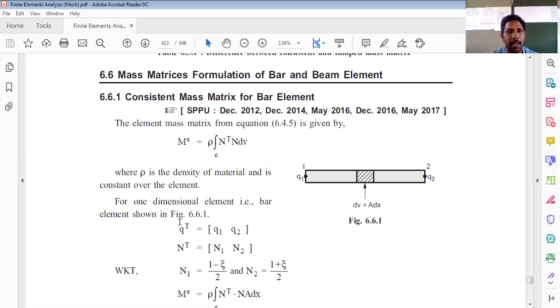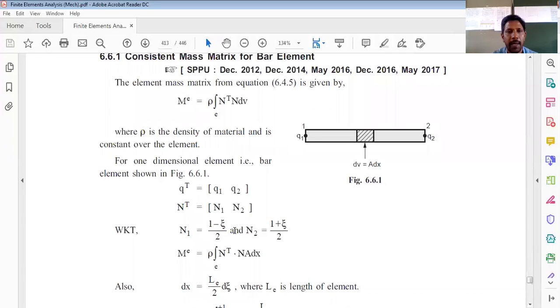For a one-dimensional element, the displacements at node 1 and node 2 are Q1 and Q2, and the shape functions of the bar element are N1 and N2 corresponding to node 1 and 2. In natural coordinates they are given by 1 minus zeta by 2 and 1 plus zeta by 2. So when I substitute for a bar element, M is equal to rho integration of N transpose N dV.